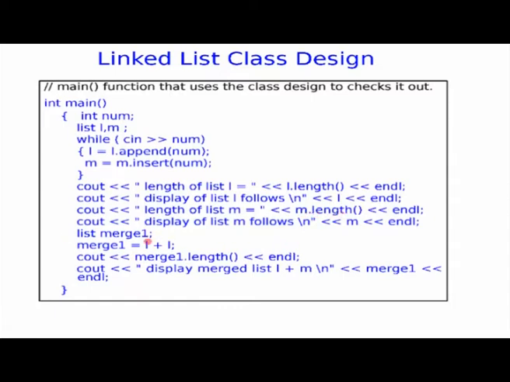I'll skip this merge for the moment, but this merge was supposed to concatenate two lists. Take two lists, at the end of the first list join the second list, and together they become one big list. So if I have ABC in the first list, and 1, 2, 3 in the second list, then the first concatenated with the second is ABC 1, 2, 3.